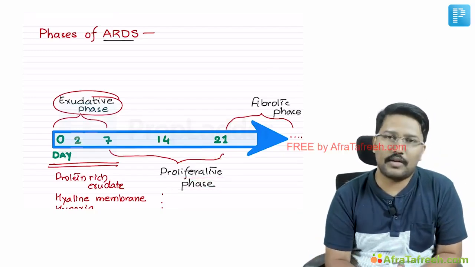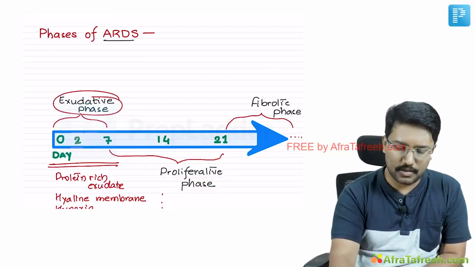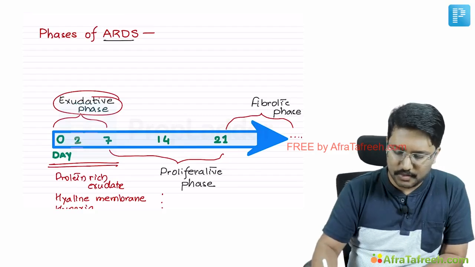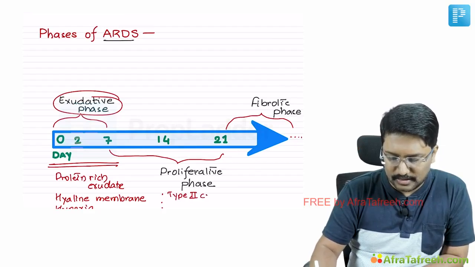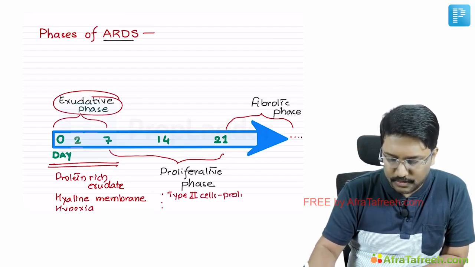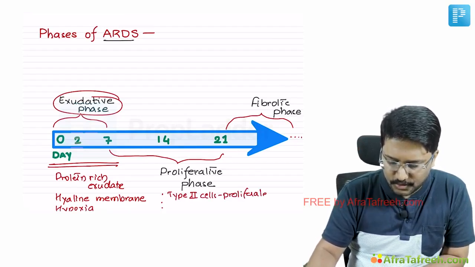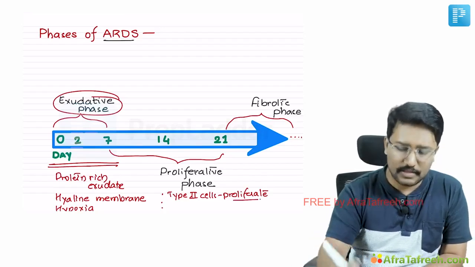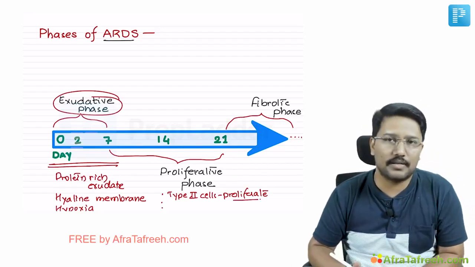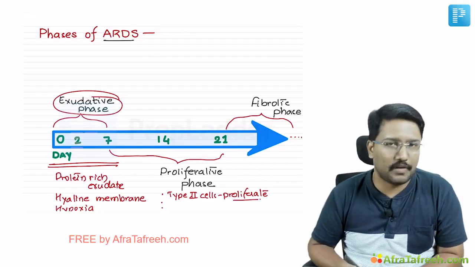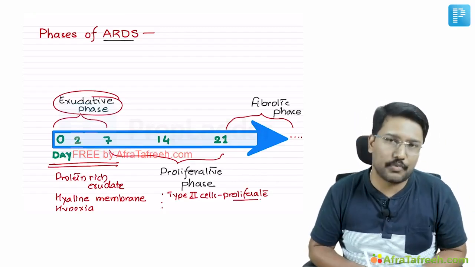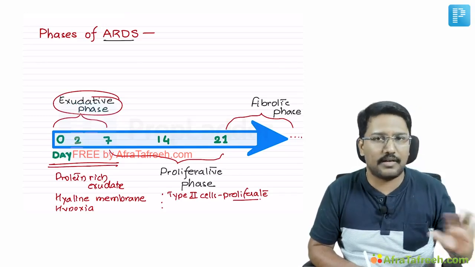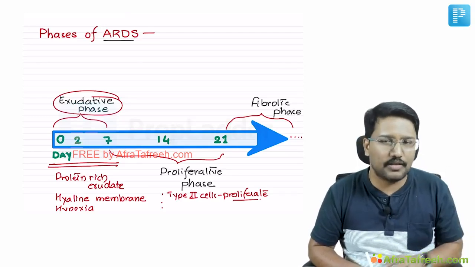I can call it the recovery phase, because during this phase, the most important change we notice is that the type 2 pneumocytes proliferate. Type 2 cells proliferate, and that's exactly why we call it the proliferative phase. During this phase, these type 2 pneumocytes do two important things. One is they start producing surfactant. Previously their activity was inhibited, or whatever surfactant they produced was getting deactivated by the inflammatory cells and protein rich fluids.